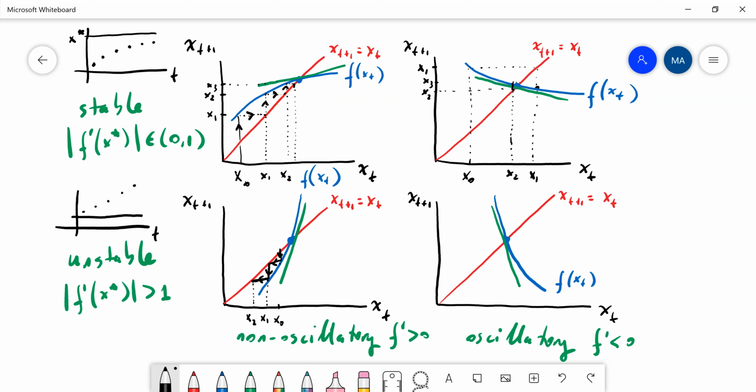So you converge, because this is stable, as you see. You converge like this. So it is oscillatory. Why? Because now you converge to the steady state. So let's say this is the steady state. You move like this.